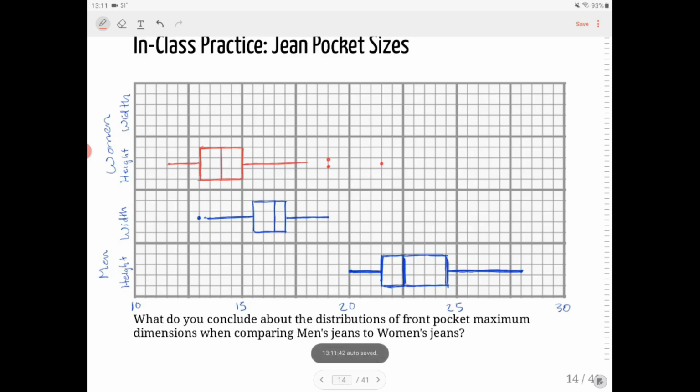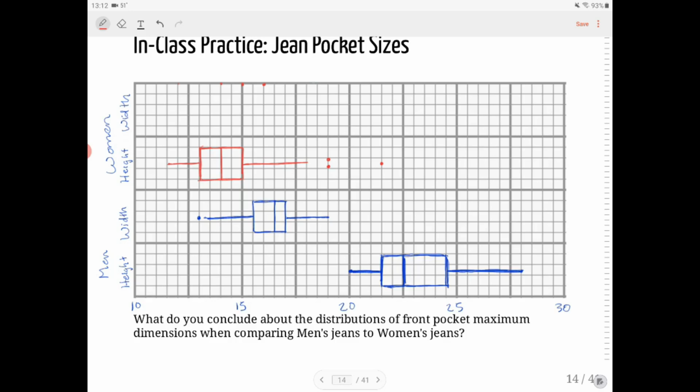All right. So for the width of women's pockets, I'm going to go ahead and mark out lowest observation is at 12. Then we have the lower quartile at 14. The median at 15. The upper quartile at 16.